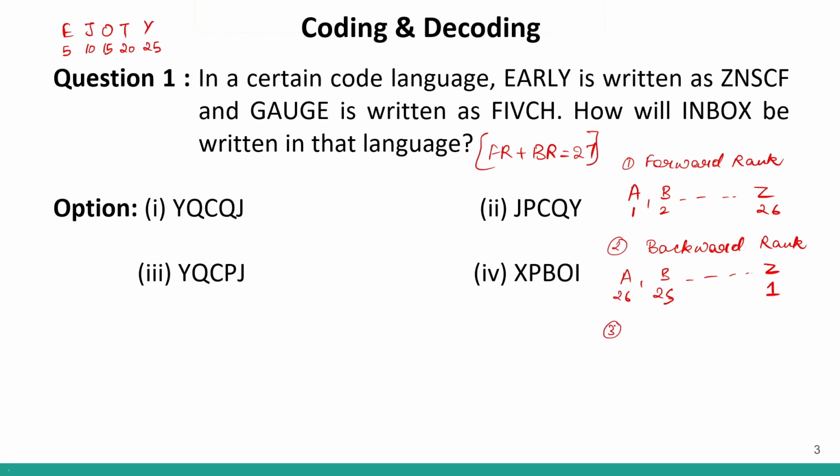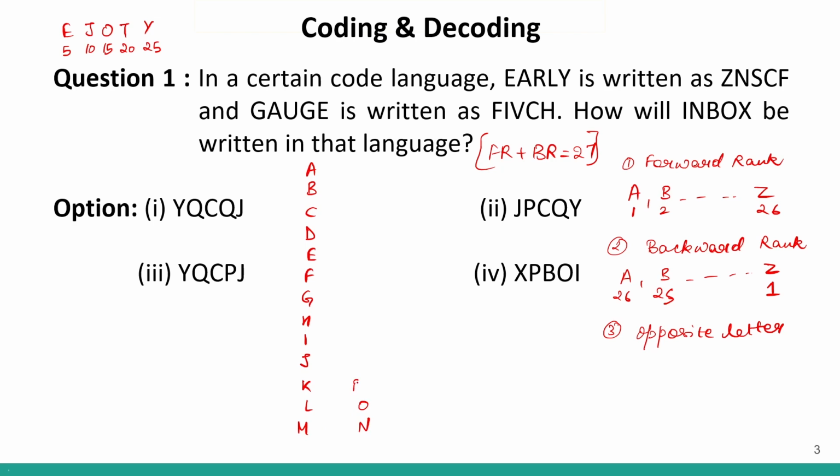Then there is a concept of opposite letters. What do you mean by opposite letters? Basically, alphabets are arranged in a certain way that they form a pair. So if I write them like this, A, B, C, D, E, F, G, H, I, J, K, L, M. And then again I start from N like this.